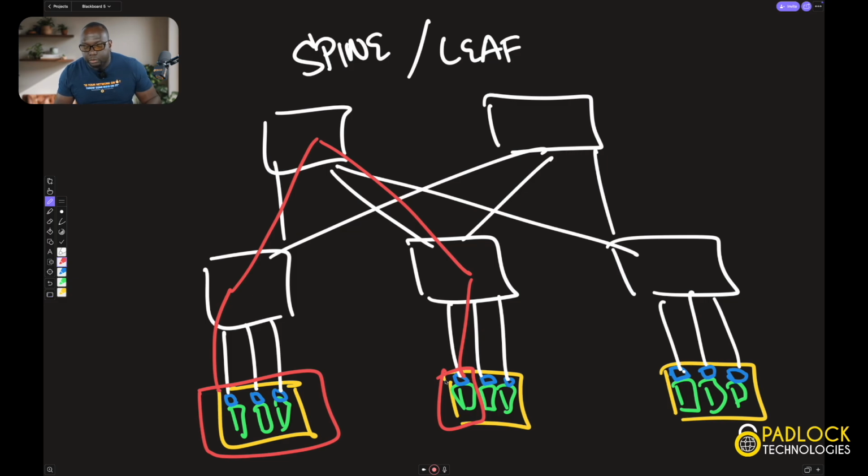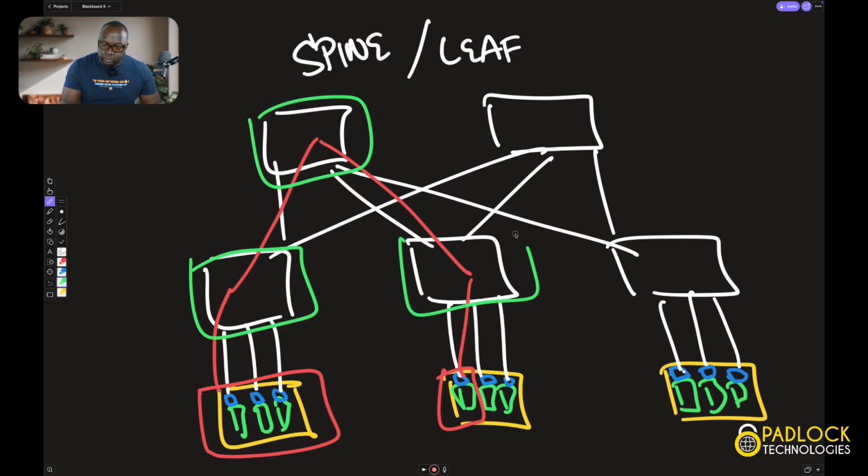Let's say that's the GPU you want to use. As you can see, you now have to go over this switch, this switch, this switch. That's technically 3 hops. Technically it's 2, because you go from leaf to spine to the other leaf, but I'm talking about from the GPU server's perspective. You go to the top of rack switch, then the spine switch, then the other leaf switch, and then down to the GPU that you need, right?